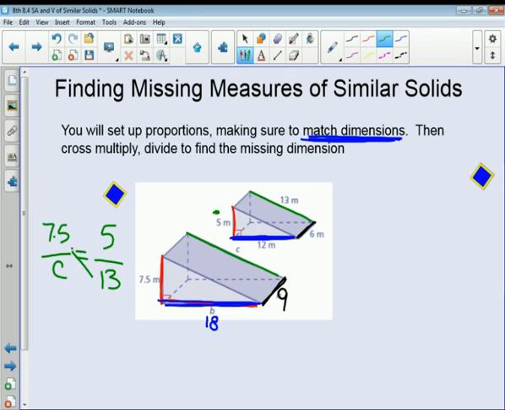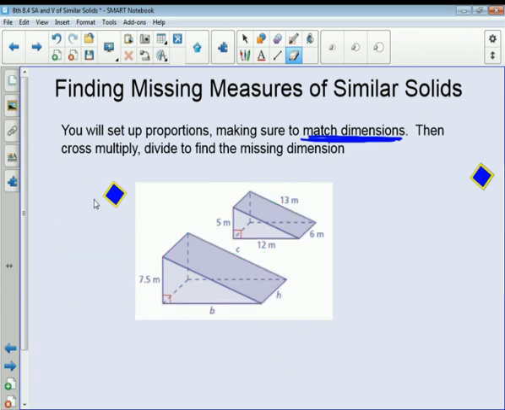And then we're going to divide that by 5. Gives me 19.5 for this. Okay, so that's working with finding that missing dimension. Once again, making sure that we are matching sides. That is the most important, and then using that cross multiply divide method.